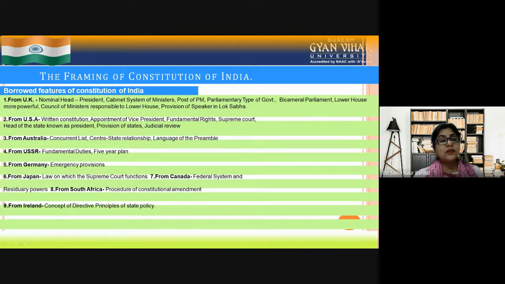And on 16 July 1948, along with Harendra Kumar Mukherjee, V.T. Krishnamachari was also elected as second vice president of the Constituent Assembly. So 26 November 1949, the Constitution of India was passed and adopted by the Assembly.